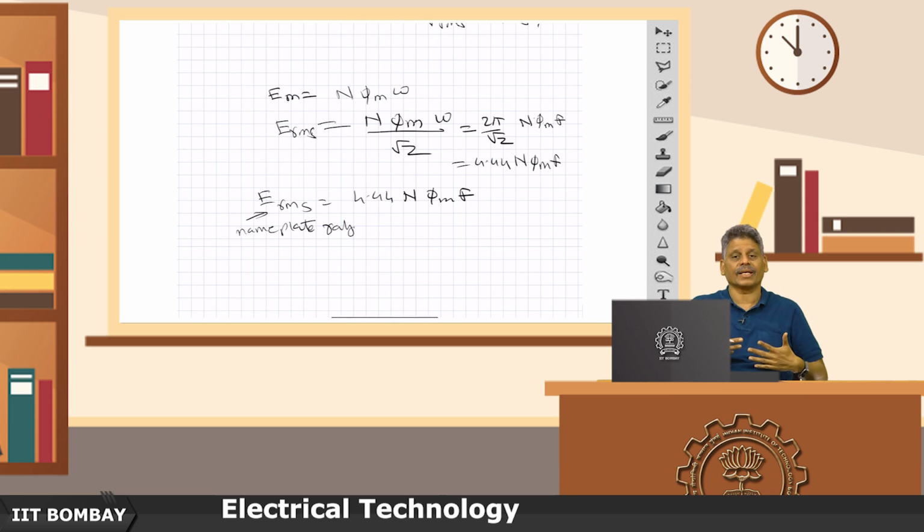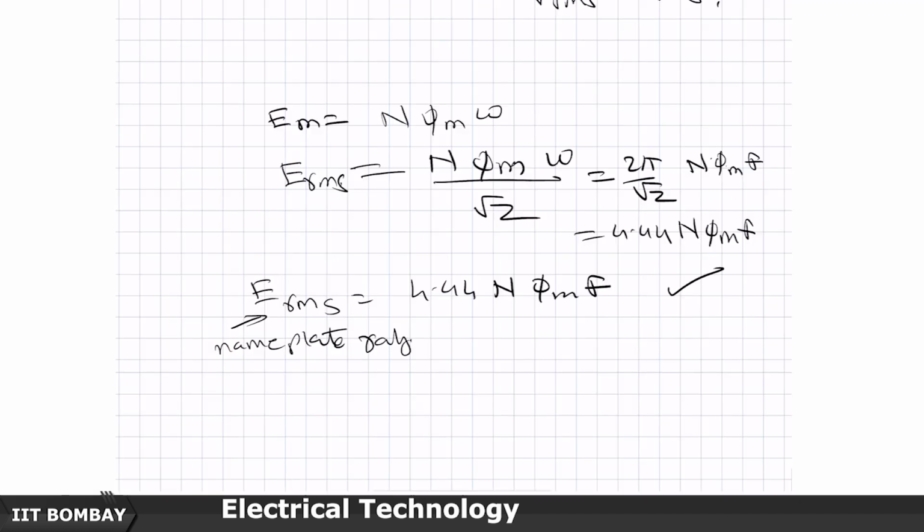This equation is again a very fundamental equation. You will see it coming again in transformers, and you will see it coming in induction motors. I did it with something very basic, and this happens again and again. So, remember this: the RMS value of the voltage is proportional to the peak value of the flux.